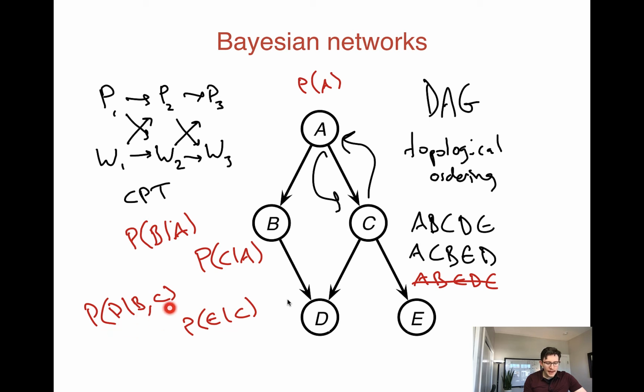D given B and C, because it has both parents, and probably E given C. I'll explain why in case it's not obvious, but given all of these conditional probability distributions, we get a full joint probability over our 5 variables.